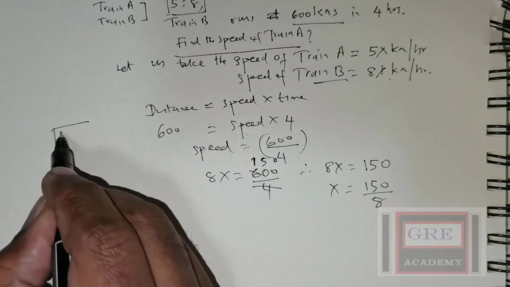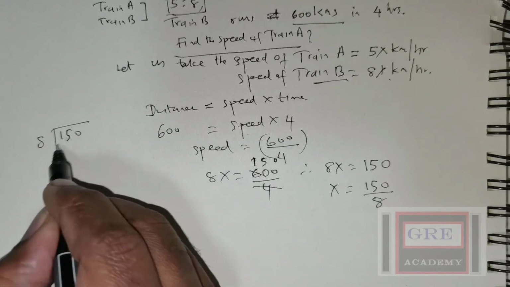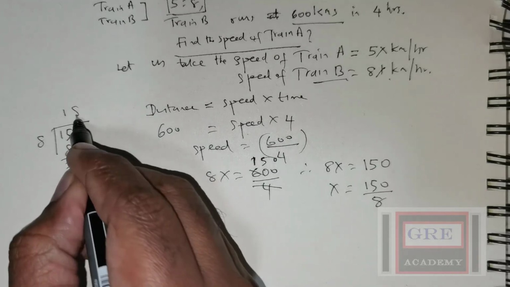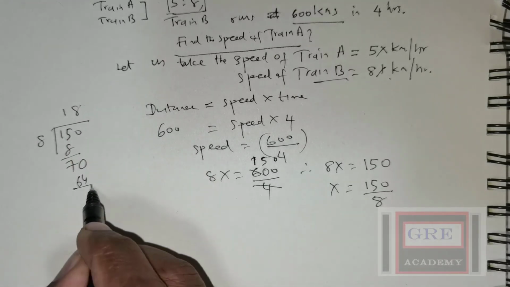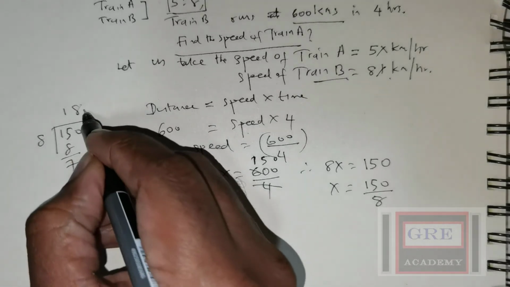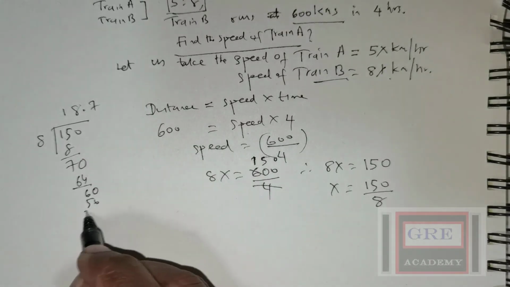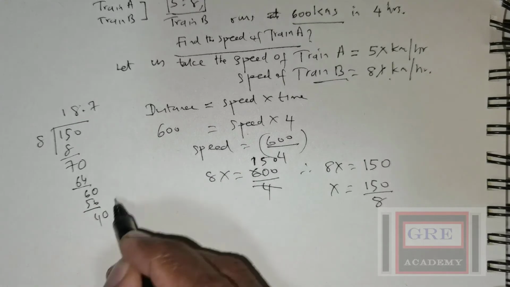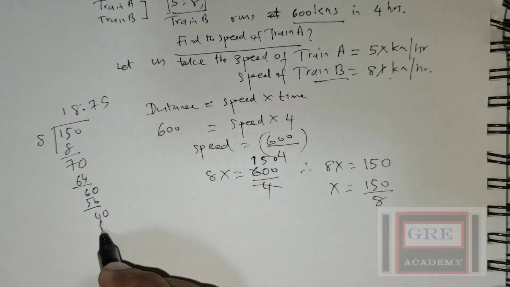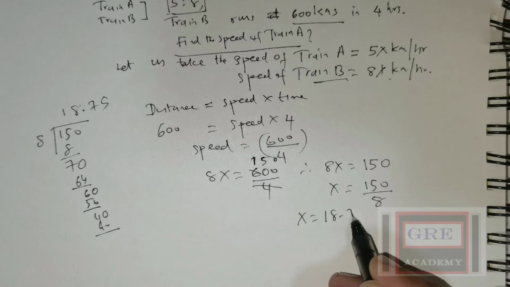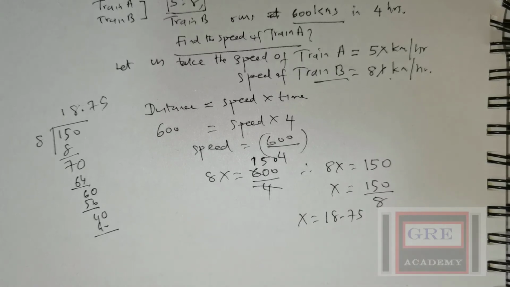If you were to divide 150 by 8, 8 8s are 64, and then a 6, a decimal point, and a 0. 8 7s are 56, and a 4, and a 0, and a 5. 8 5s are 40. So x is 18.75. This is what you get.